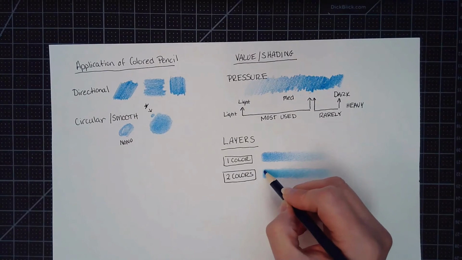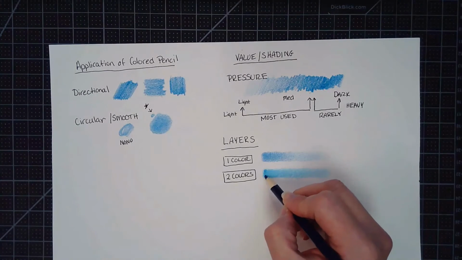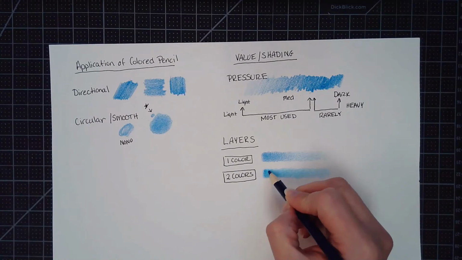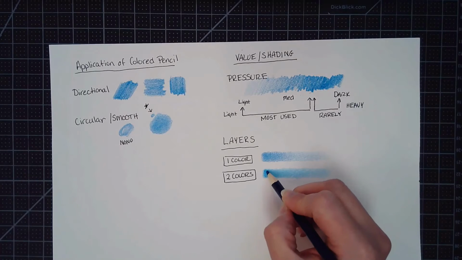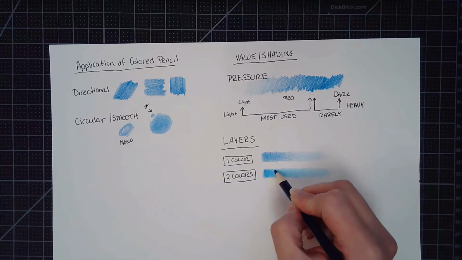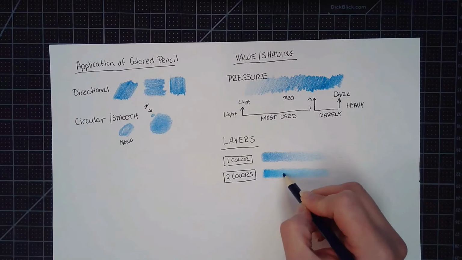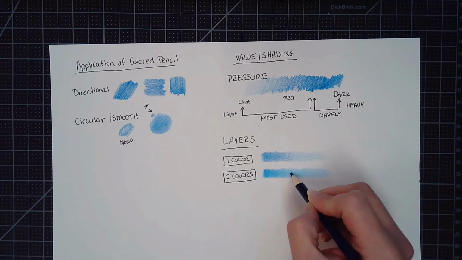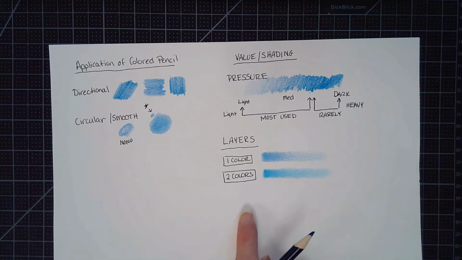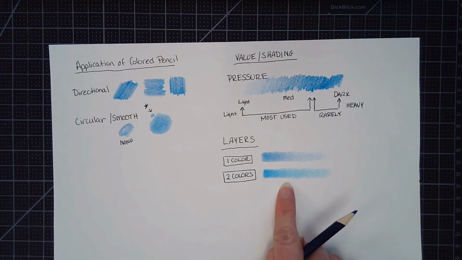I'm going to press a little bit harder. And again, I'm not pressing too hard. I want to work some more of that material into the fibers. And as I come across, I'm going to ease up on my pressure so it blends into the other parts. So you can see I'm starting to develop that same value range, dark fading into light.